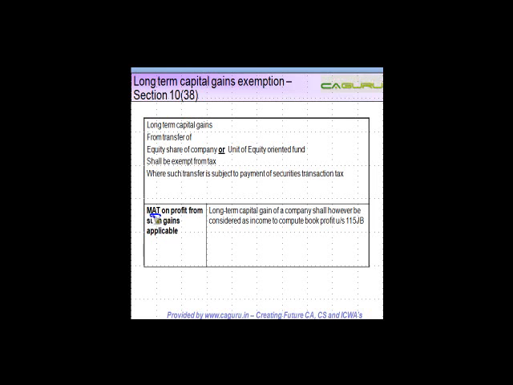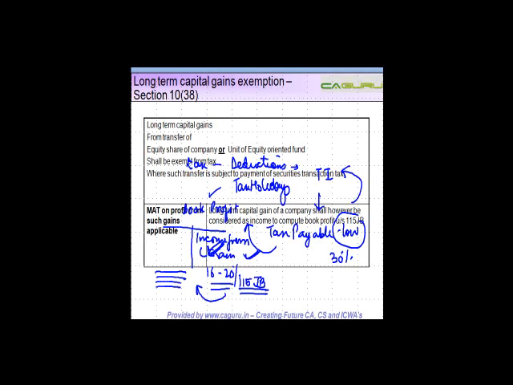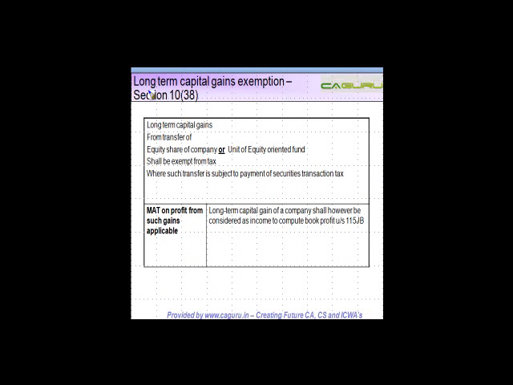So for the purpose of calculating this MAT, this profit will be included as a part of profit and loss account, right? So if you have some income from capital gains here, then this will be included for calculating book profits, and therefore if after including this your income is positive, you pay MAT at the rate of whatever that is.